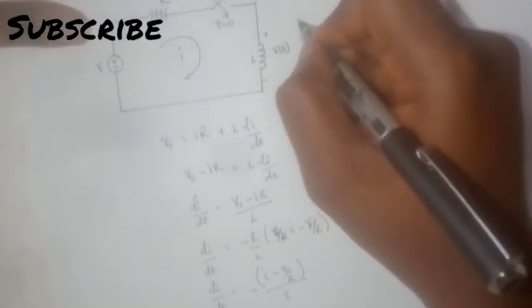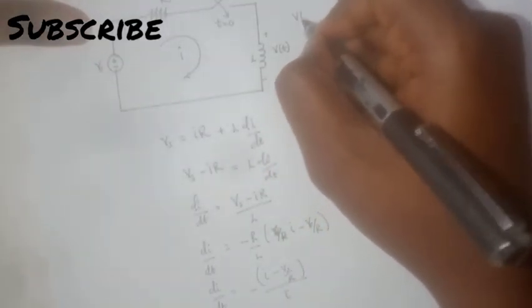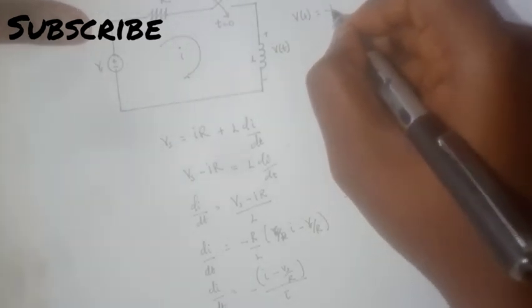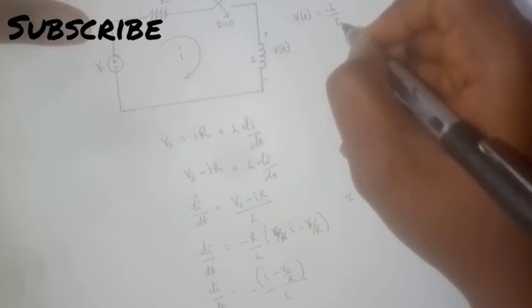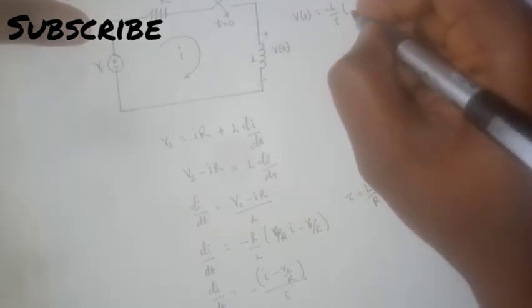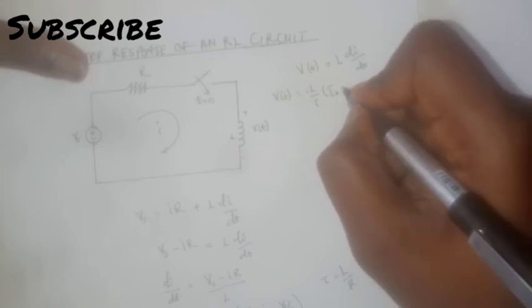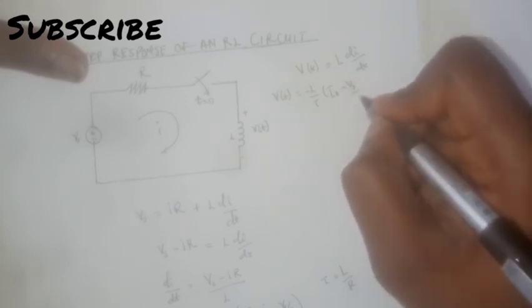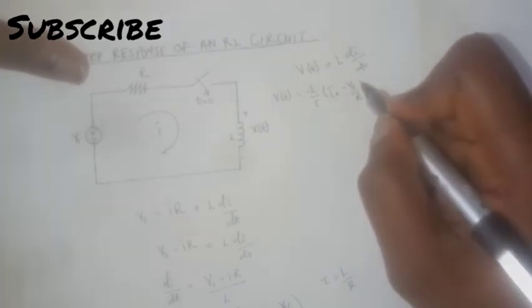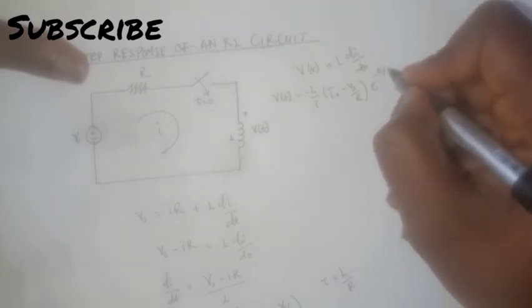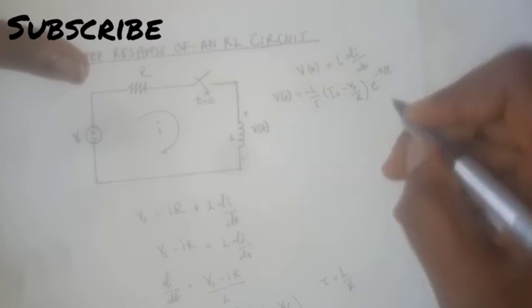If we multiply it by L, we would have that V of t would be equal to minus L over tau into (I naught minus Vs over R) multiplied by e raised to power minus t over tau.